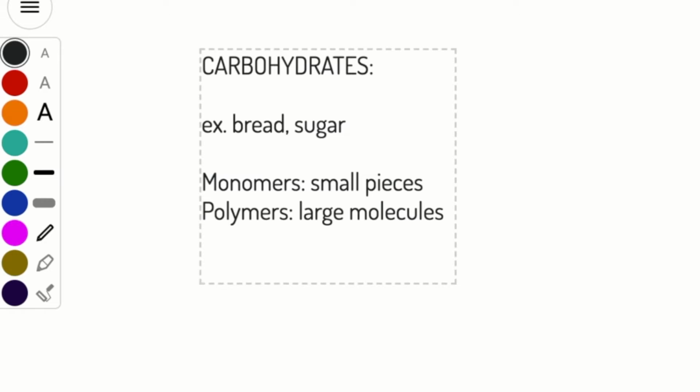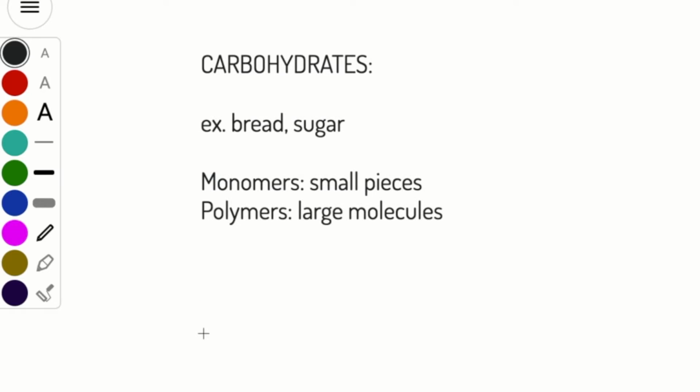And so before I get into the structure of the polymer, I want to point out what the monomers are. A monomer of a carbohydrate is called a monosaccharide.